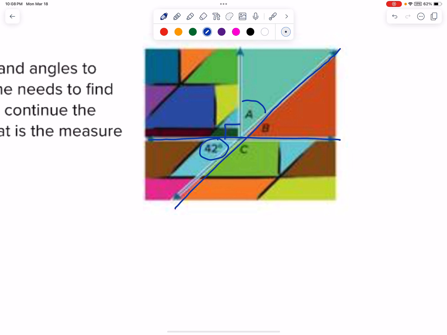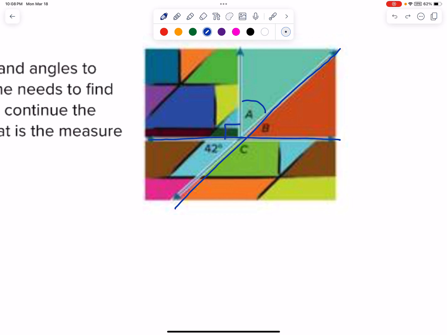So I know 42 is equal to b, so maybe that would help me. I also know that 42 is here. I know that this is 90, and so I can also sort of figure out what A is from that way. So we have a couple ways of solving this problem, right?